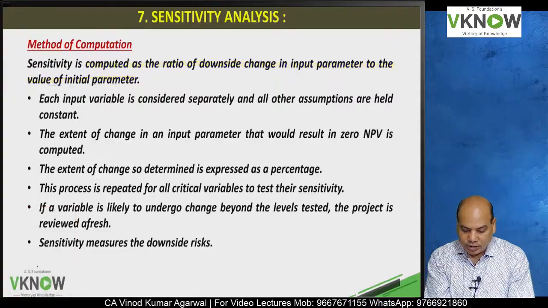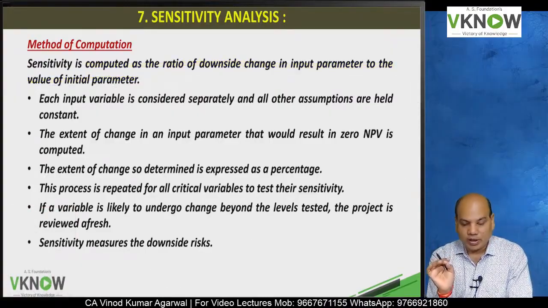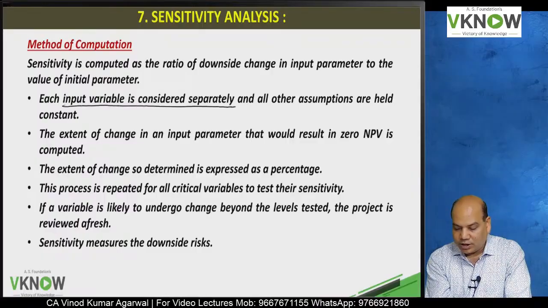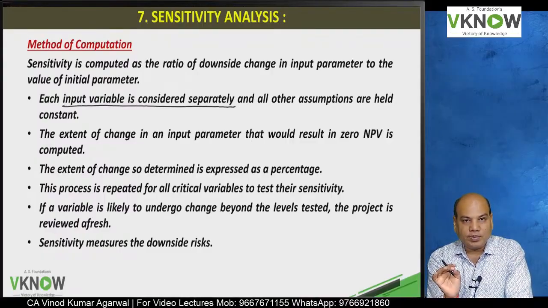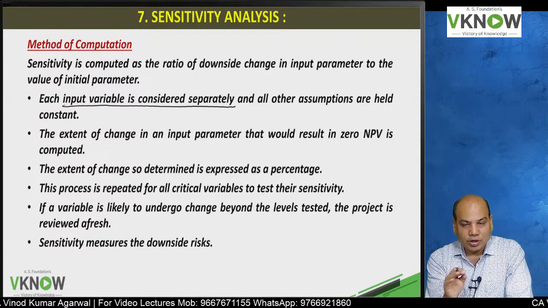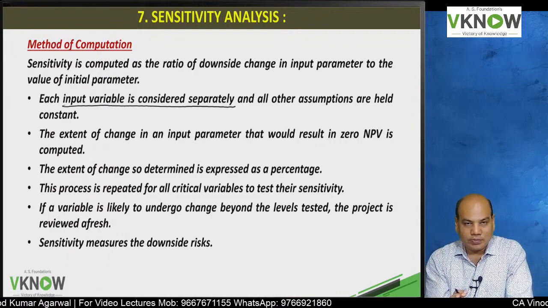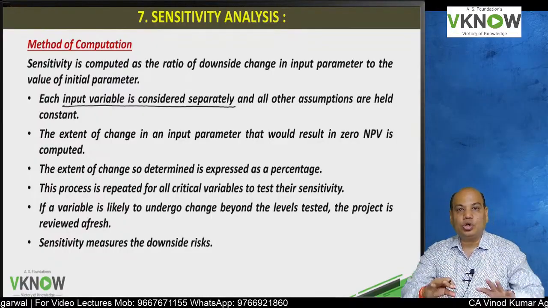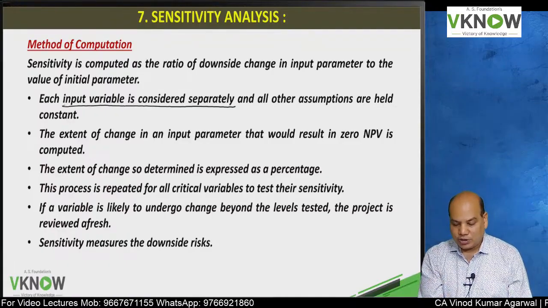In sensitivity analysis, one of the drawbacks is that we test one variable at a time. If I am testing the sales quantity for sensitivity, all other variables will be held constant. That means they will be assumed not to change. Only one variable will change at a time.